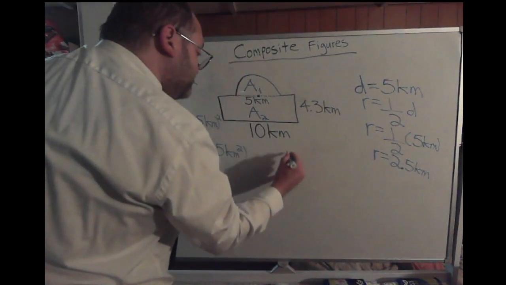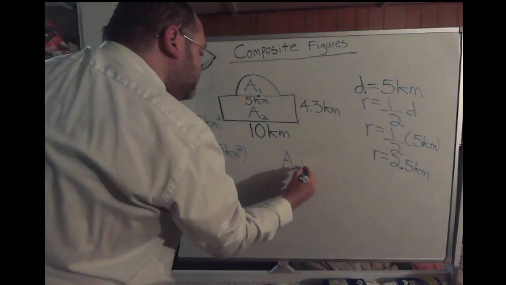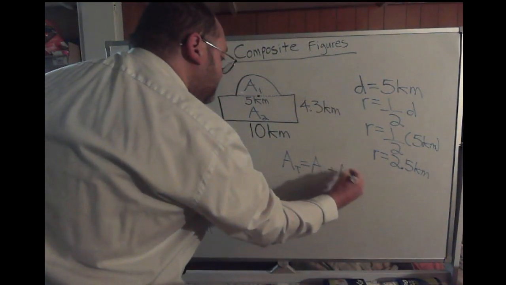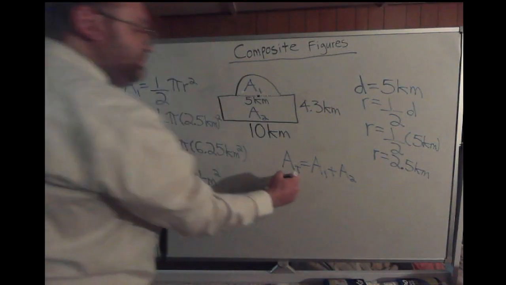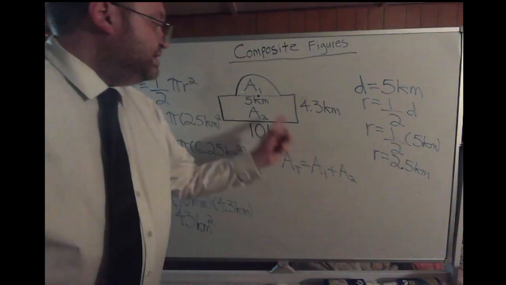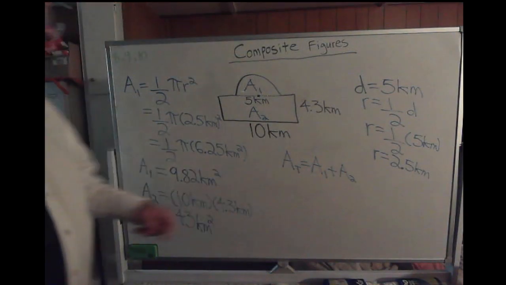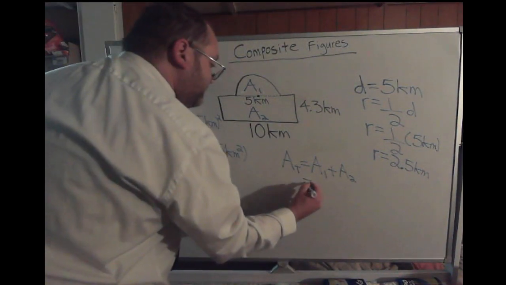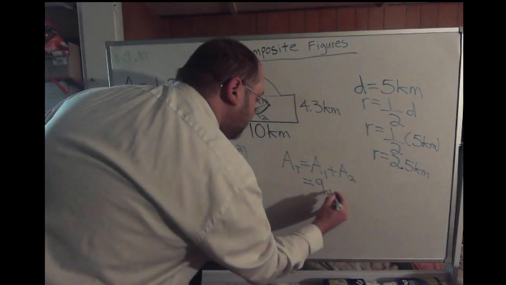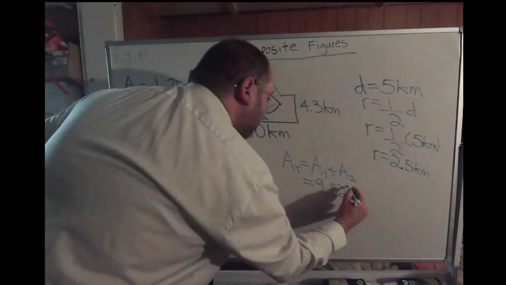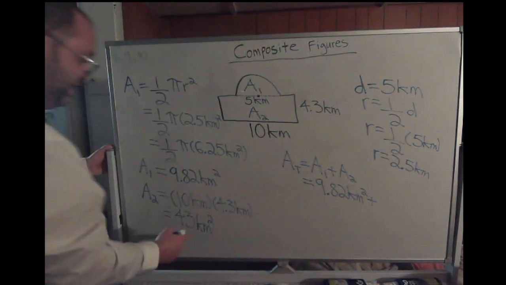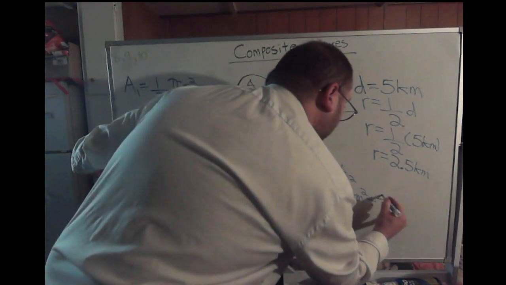Now we want to find the total area. The total area is nothing more than the sum of these two areas put together. It is denoted by A sub t, the total area, is equal to area 1 plus area 2. Just add them together. So the first area was about 9.82 square kilometers, and your second area was 43 square kilometers.